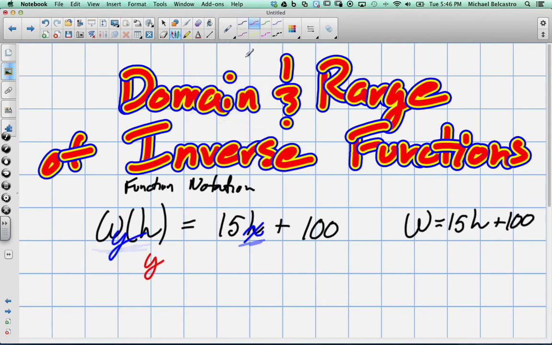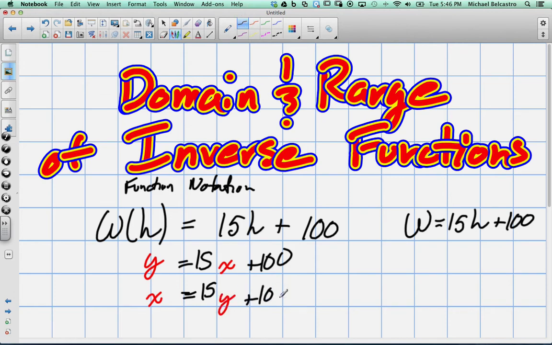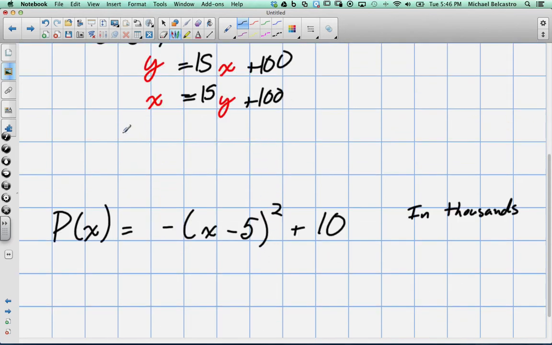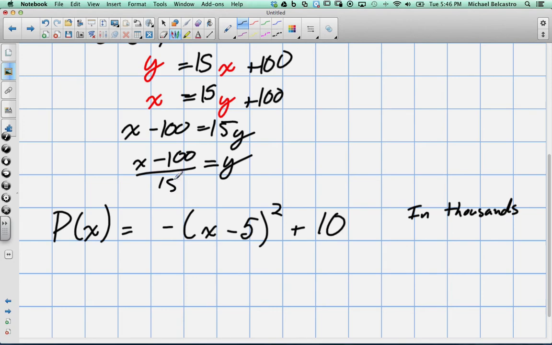If this is our y equals 15 x plus 100, right? If we flip the two, this becomes x is equal to 15 times y plus 100. We move 100 to the other side, we get x minus 100 equals 15y, which means y is equal to x minus 100 over 15.